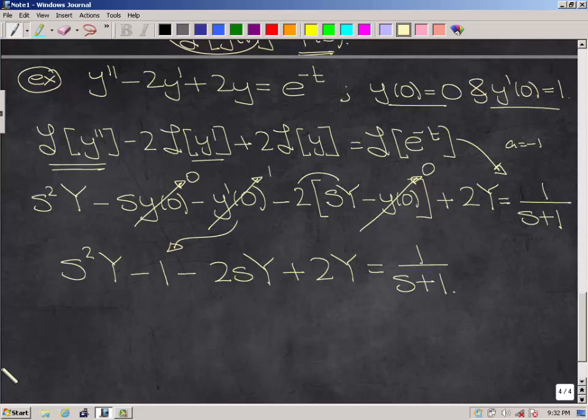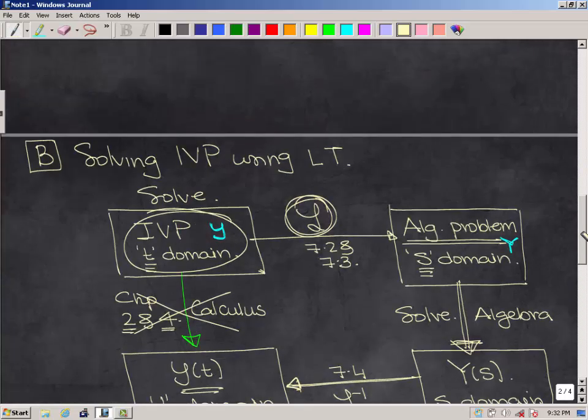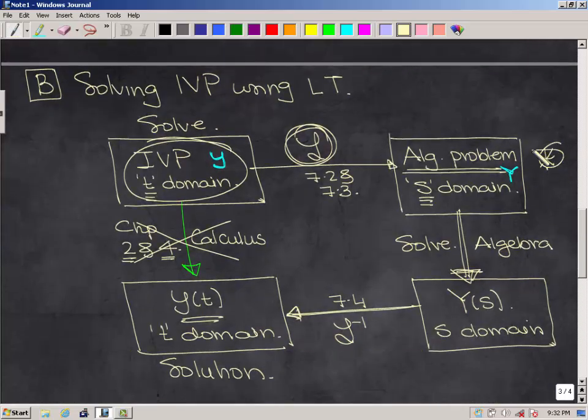So what we've done so far is perform the Laplace transform of the initial value problem that we started with. We started with this problem, did the transform, and now we are here.